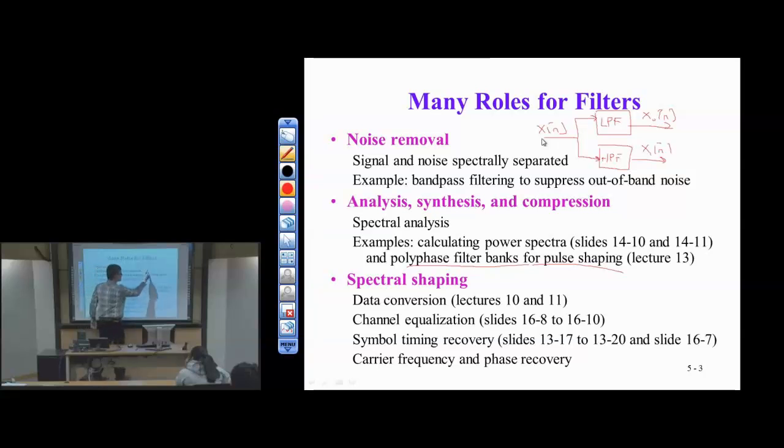The low-pass filter could be what? What's an example of a low-pass filter you've seen already? Averaging filter, a two-tap FIR filter, very simple to implement. So the impulse response h of n, I don't have to have it normalized. So there's your impulse response, right?